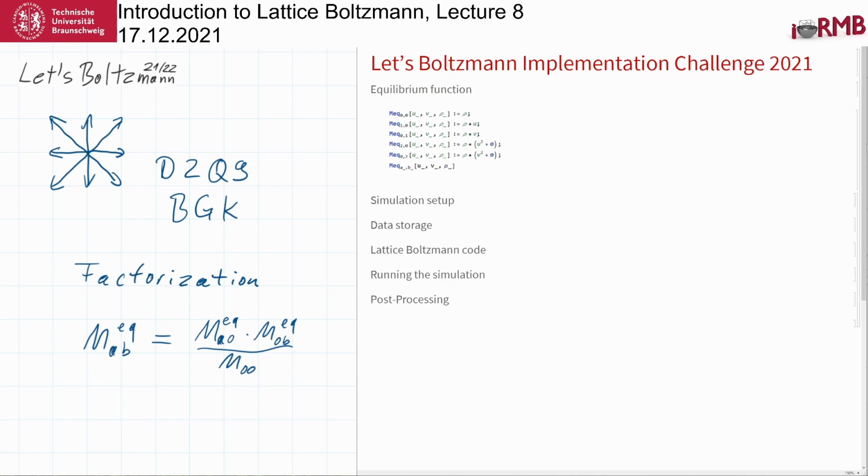rho. Well, and yet by definition, as we said, this is M equilibrium. Now, oops, this was the wrong one.